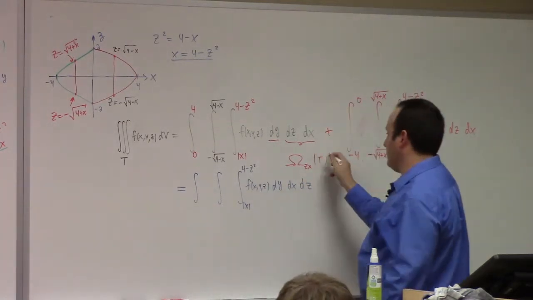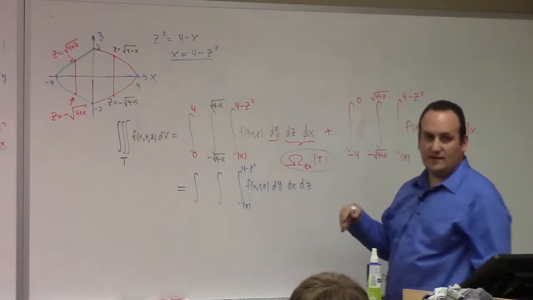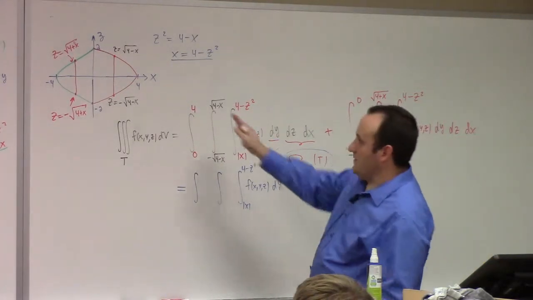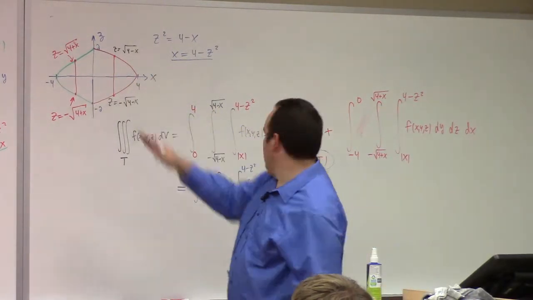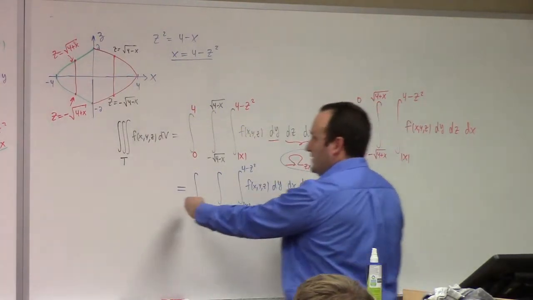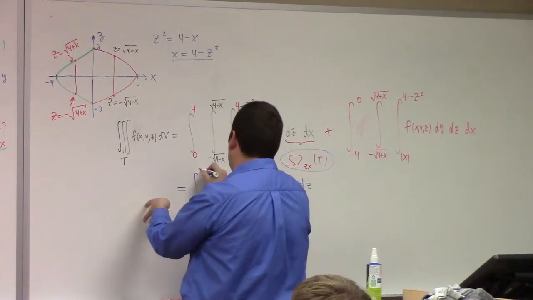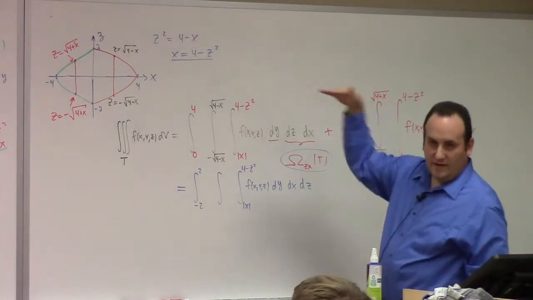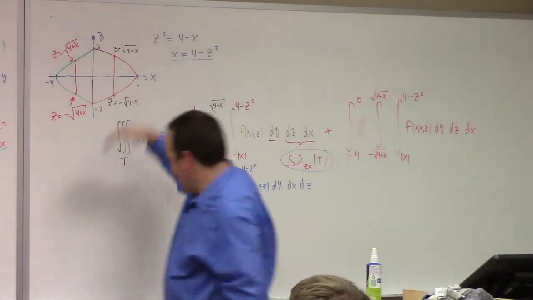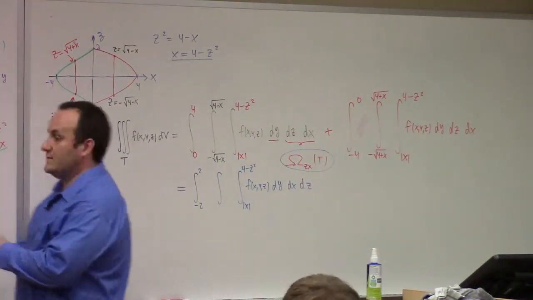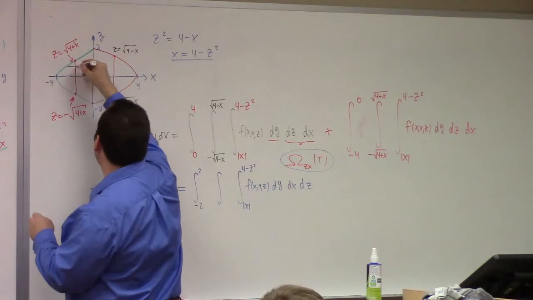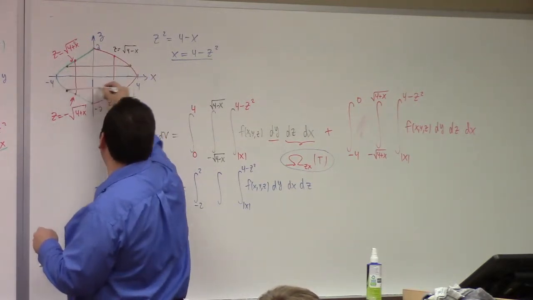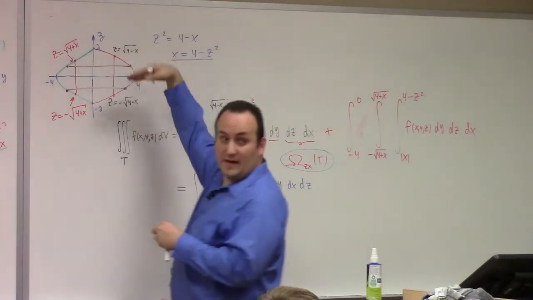We're still dealing with the projection of the solid onto the zx plane, but now if you look at this in terms of z being the outside, z goes between minus 2 and 2, right? And the cool thing is, if you look at the horizontal slices here, just draw a typical horizontal line, you see that there's a clear left and right, and it's given by the same equation from the top to the bottom.